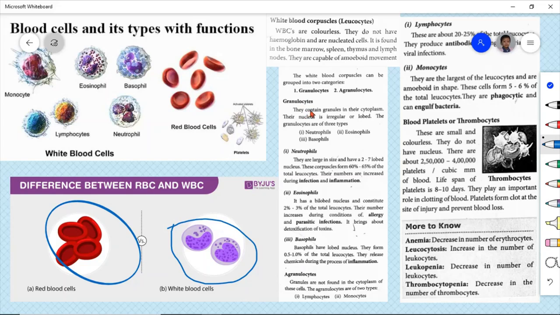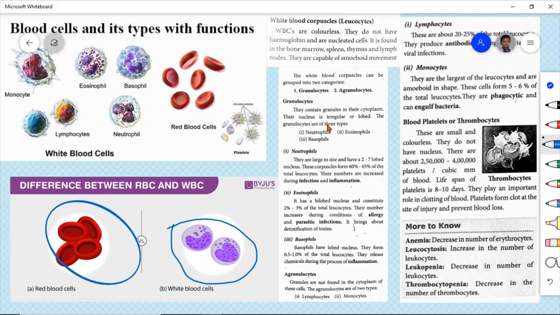This WBC contains granules in their cytoplasm. Granules are present in the cytoplasm, so it is known as granulocytes. Agranulocytes means absence of granules. Granules are not found in the cytoplasm, so it is known as agranulocytes.